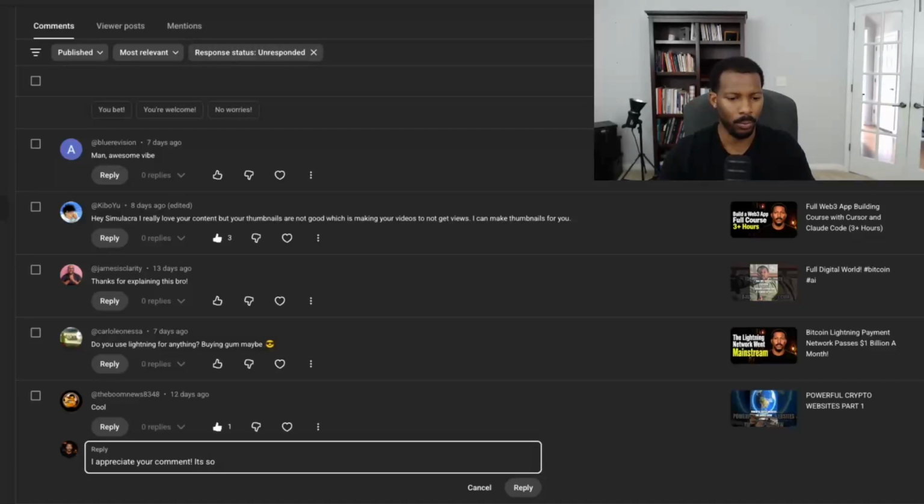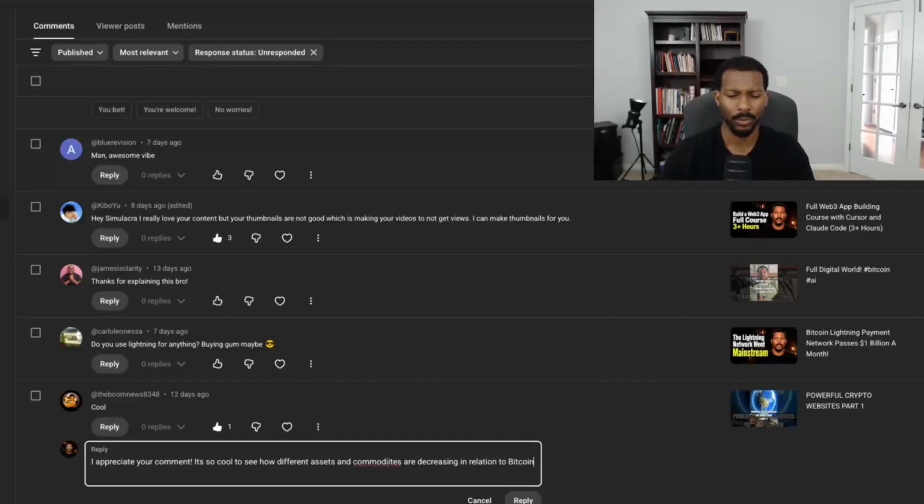It's so cool to see how different assets and commodities are decreasing in value in relation to Bitcoin. I'm going to say assets, commodities, etc.